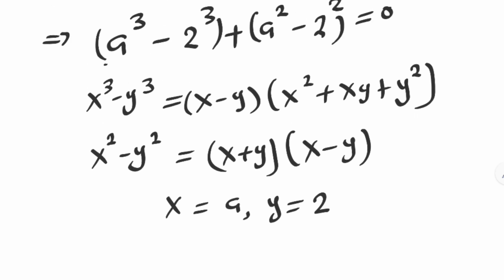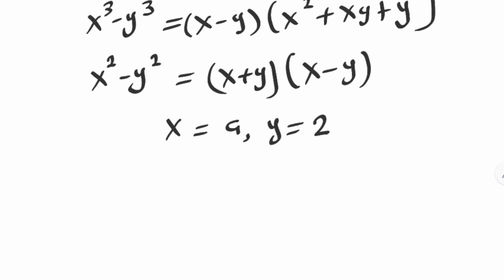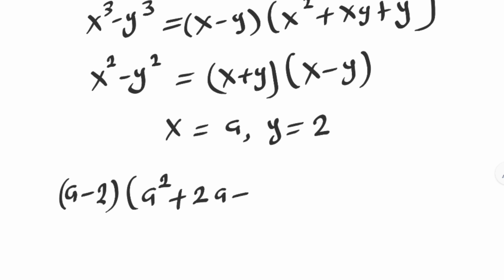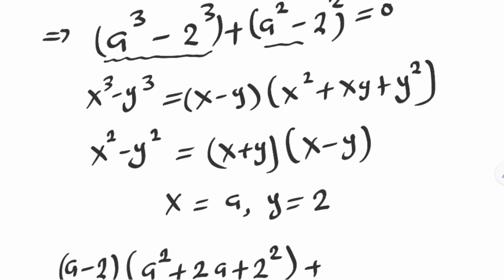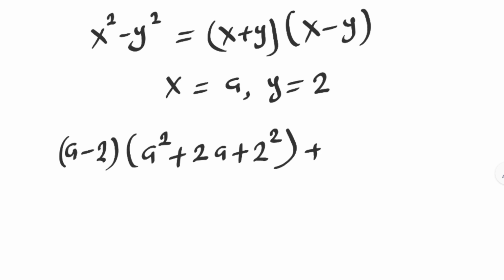Now this can be written as a minus 2 bracket a square plus 2a plus 2 square, then plus all of this is a plus 2 bracket a minus 2 is equal to 0.